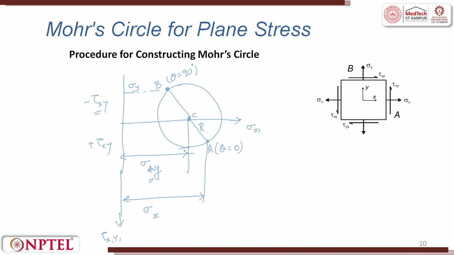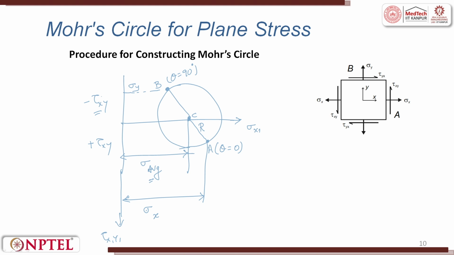AC is the radius R, we try to draw a point A and we try to draw a point B. So, what is A and B? A and B are nothing but the sigma y point is going to be B and sigma x point is going to be A. So, now you join AB passing through the point C.